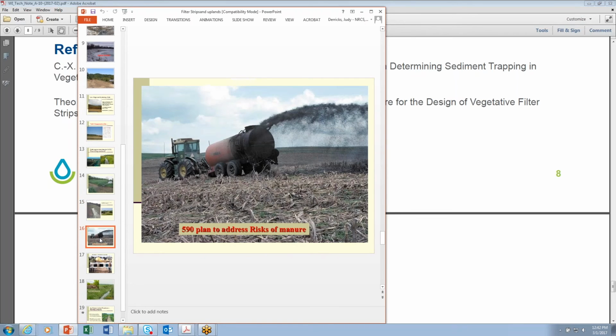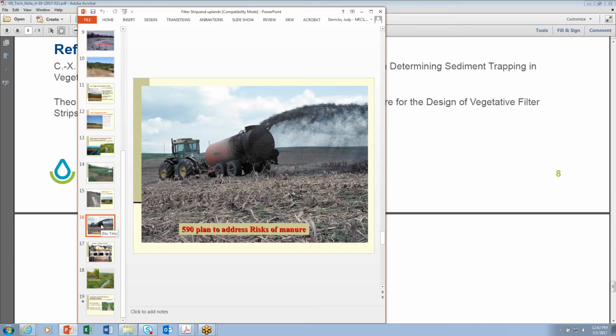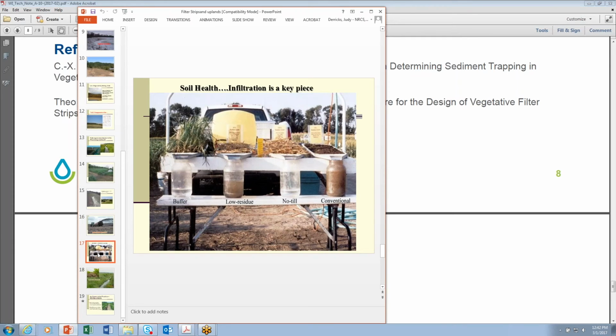All right, so then we talked about the importance of making sure we're factoring in that manure management on the uplands is occurring. Soil health belongs in every practice standard. It's not a standalone. It's part of what we do.